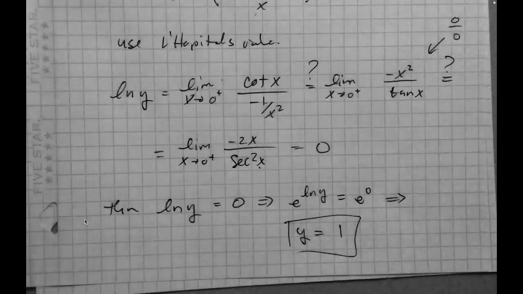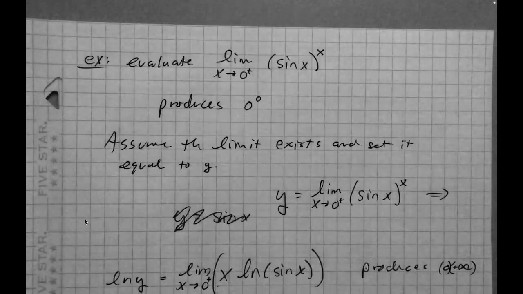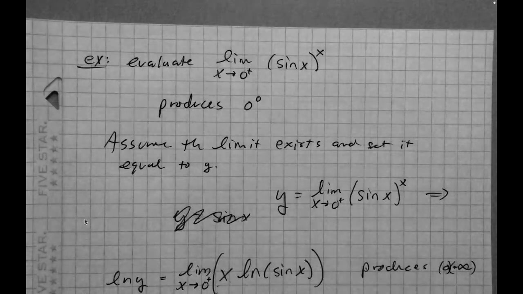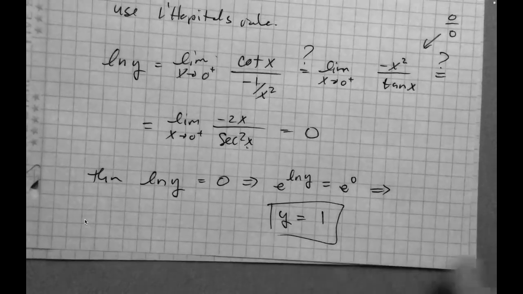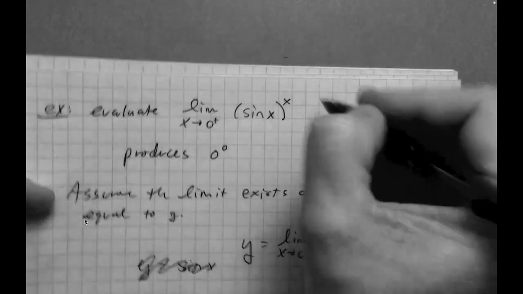So the original limit we were interested in, sine of x raised to the x power as x approaches 0 from the right, through this process and using L'Hopital's rule twice, we were able to see is equal to 1.